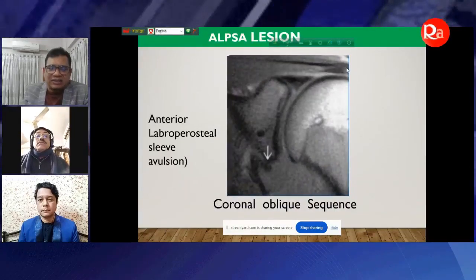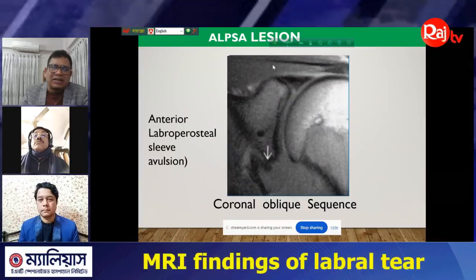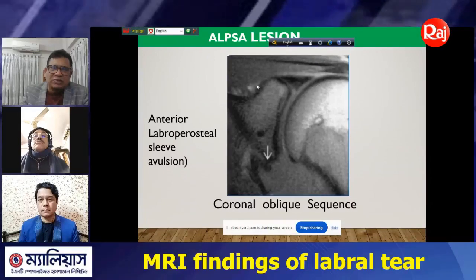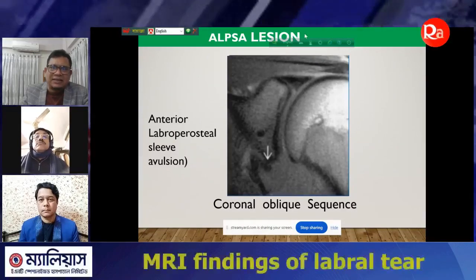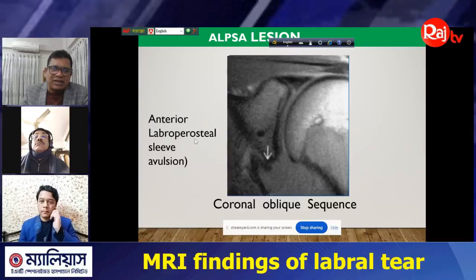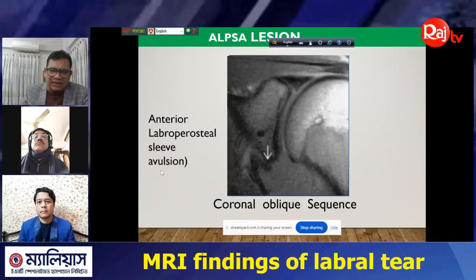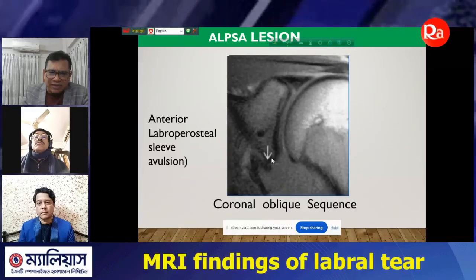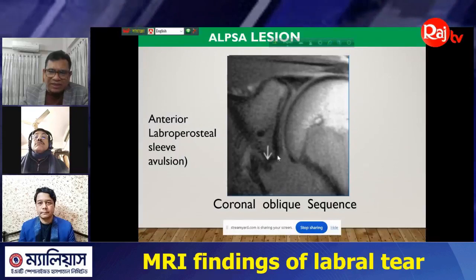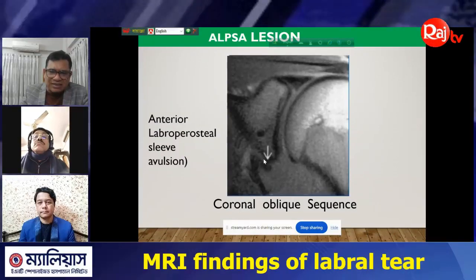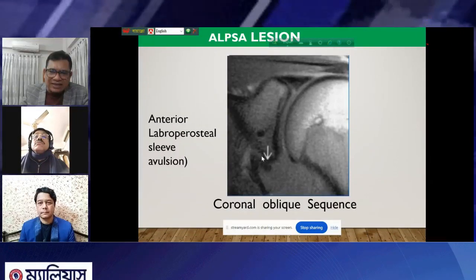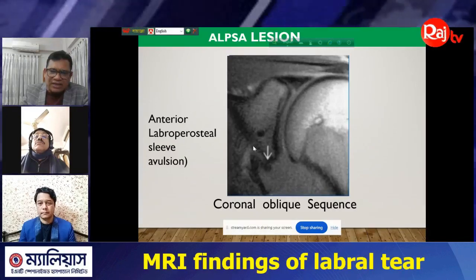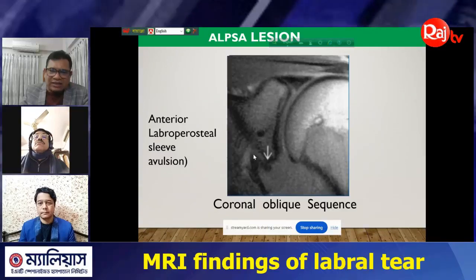And another lesion which we commonly see during arthroscopy of the shoulder, Bankard lesion associated also with ALPSA lesion. ALPSA lesion means anterior labroperiosteal sleeve avulsion. In the coronal oblique sequence, we can see the inferior labrum, there is the superior labrum. In the inferior labrum, there is a tear, signal changes, and these signal changes extend medially towards the glenoid neck.